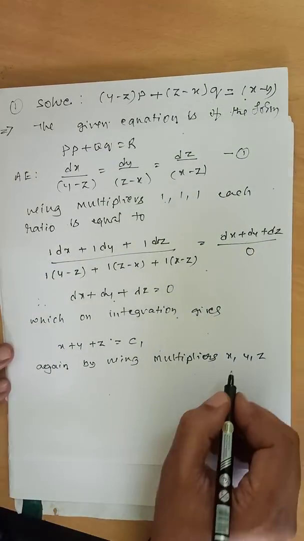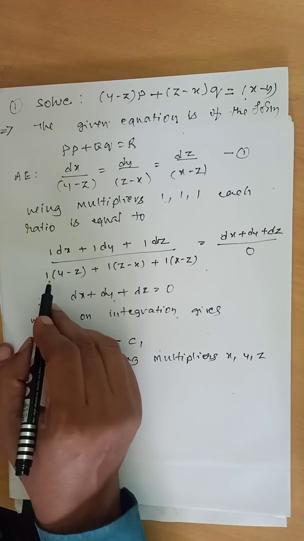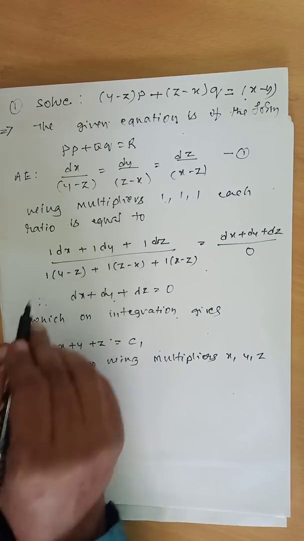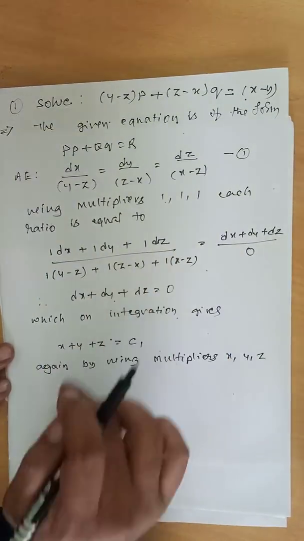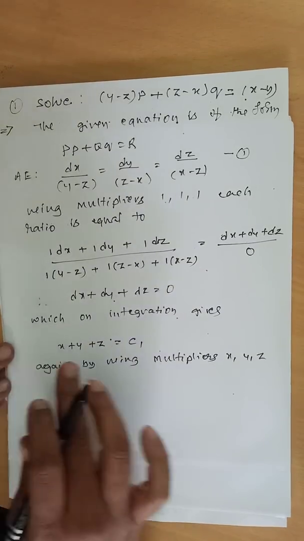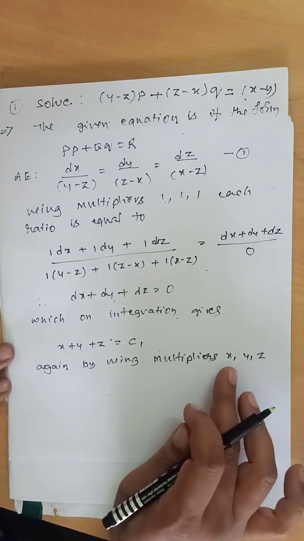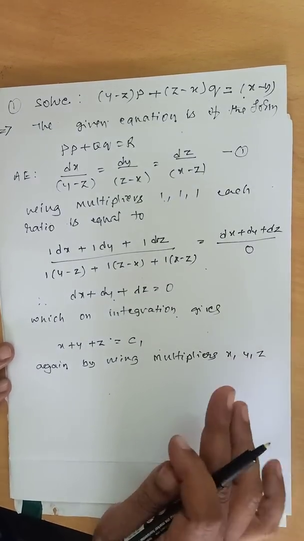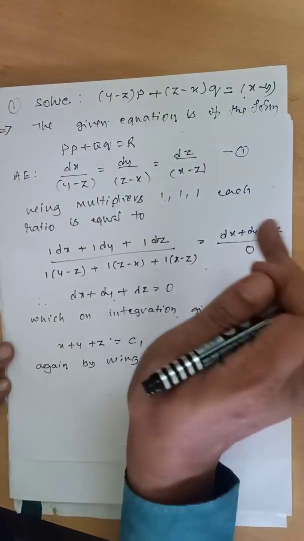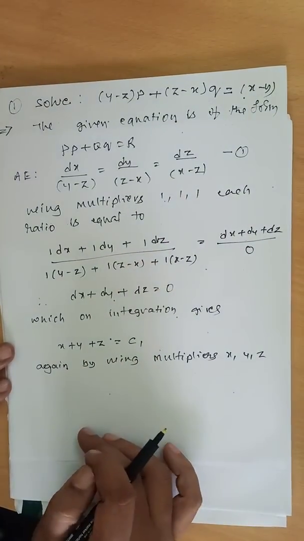Why we choose x y z? When you are adding the denominator, multiplying xyz to these three terms and adding, the denominator will be 0. That is why I can choose xyz. See, you can first choose xyz, later we choose 1 1 1, no problem.